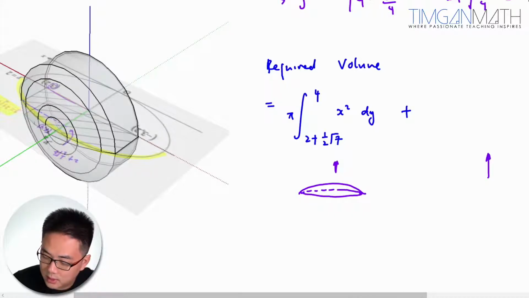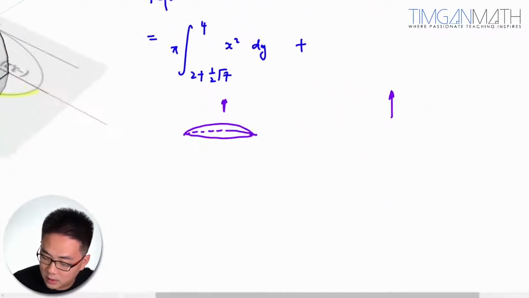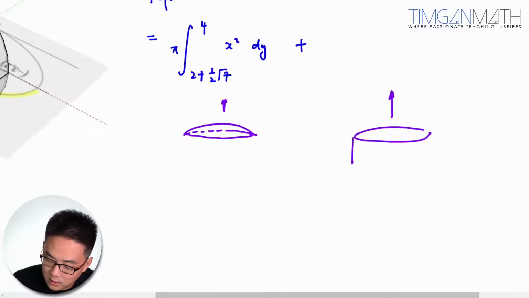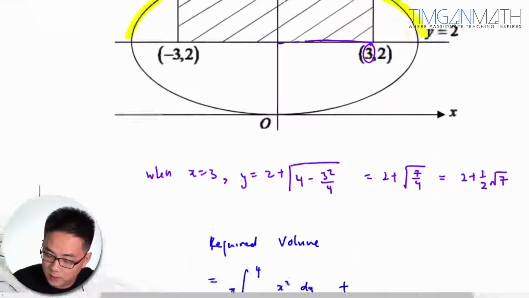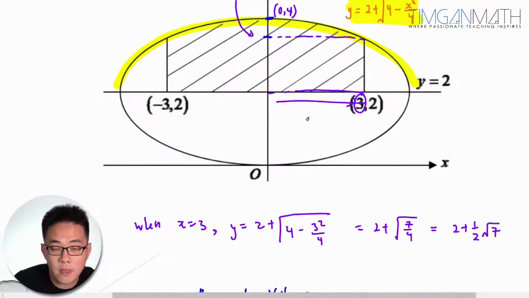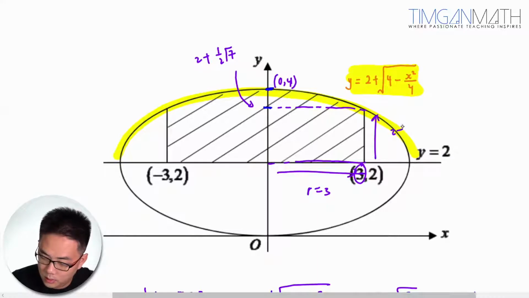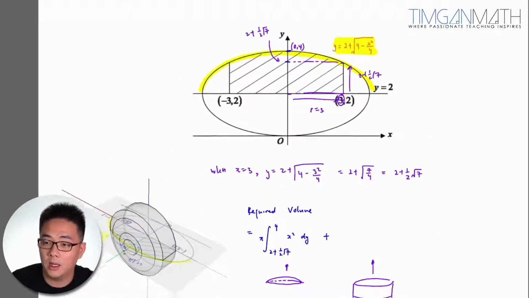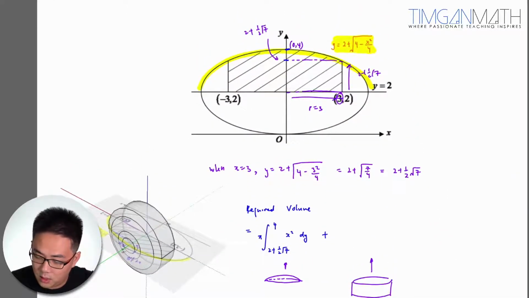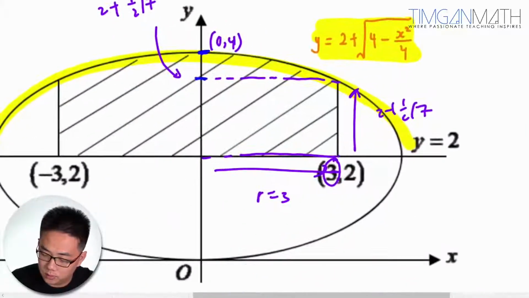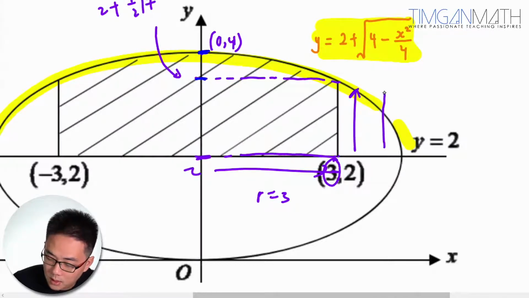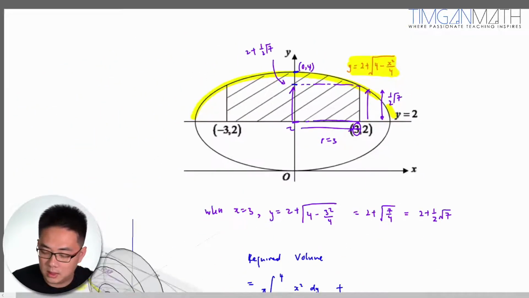Then over here, the cylinder, what we have is essentially a cylinder below, and this would be a radius of 3 and a height of 2 plus half root 7, right? Oh no, this is 2, so this is actually half root 7 as a height, because from 2 to here will be just half root 7.